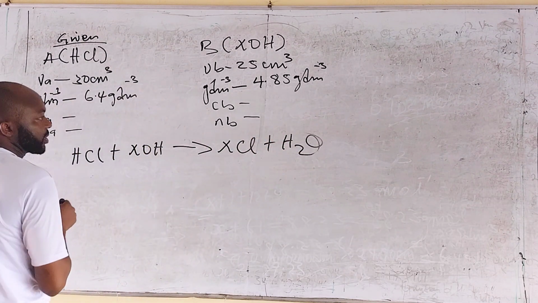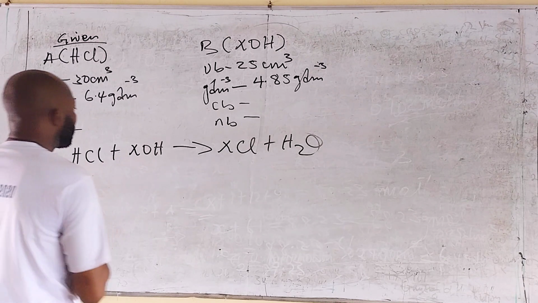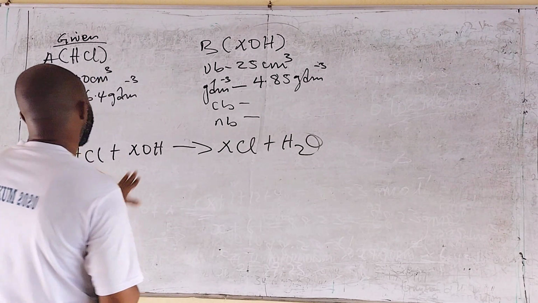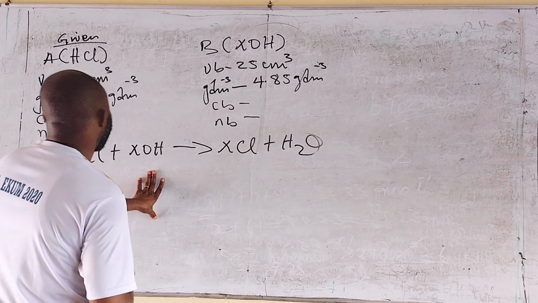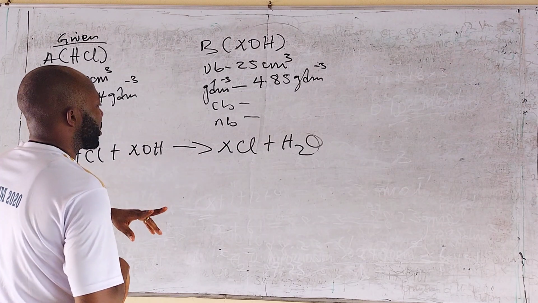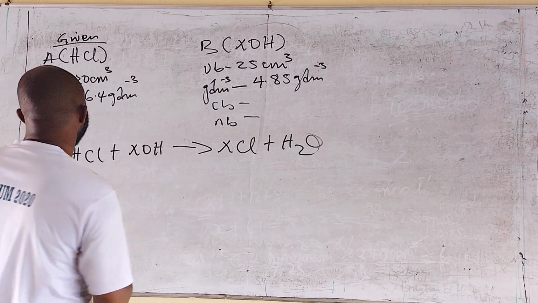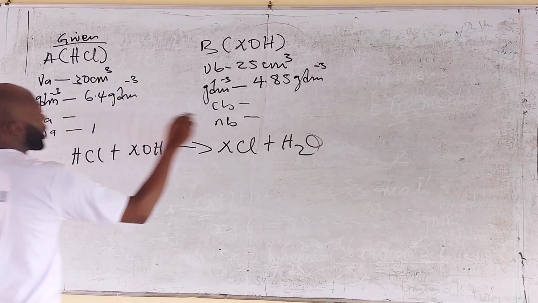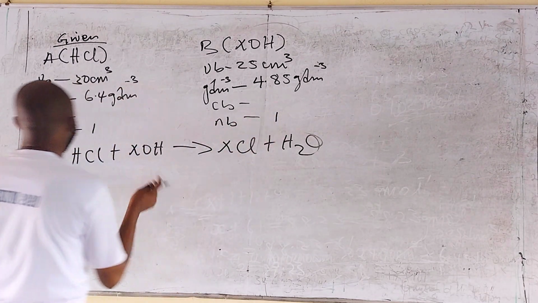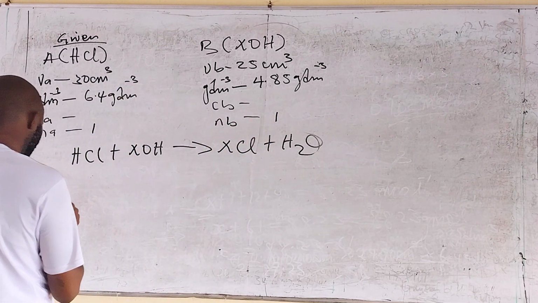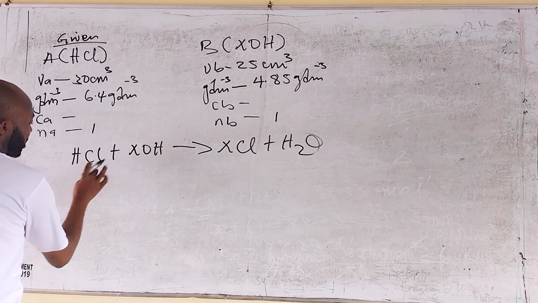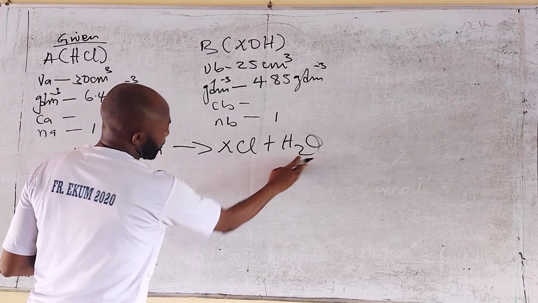So when we balance this, hydrogen is 2, oxygen is 1, X is 1, chlorine is 1. So it's balanced. Here is 1 and here is 1. So we're able to establish our number of moles of acid and that of base. The states are aqueous, aqueous, aqueous, and liquid.